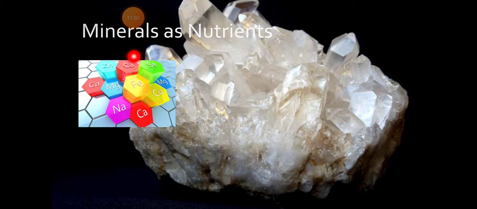Fe means iron, Ca means calcium, Mg magnesium, Na sodium. These all are different minerals. In minute quantity, we need these all for our body, but they are very essential to take in our diet. These all are helping in our day to day life to produce the energy for us.